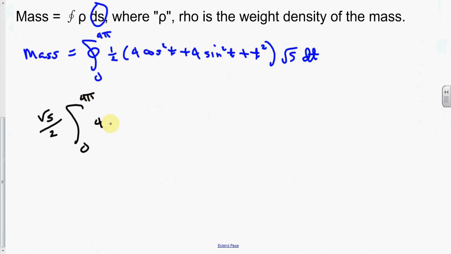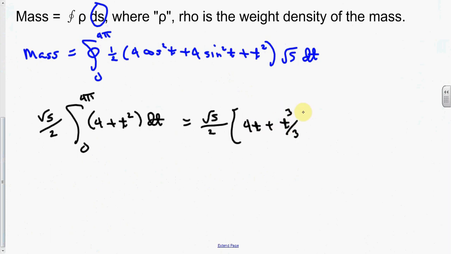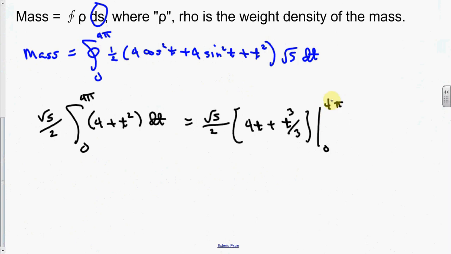That looks like 4 plus t squared, since the cosine squared t plus the sine squared t, factor out the 4, is just 4 times 1. This is dt. We can integrate now. This is 4t plus t cubed over 3, evaluated from 0 to 4 pi.